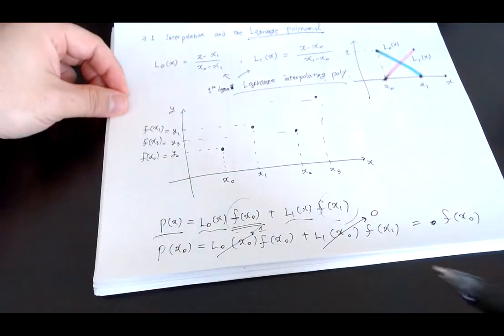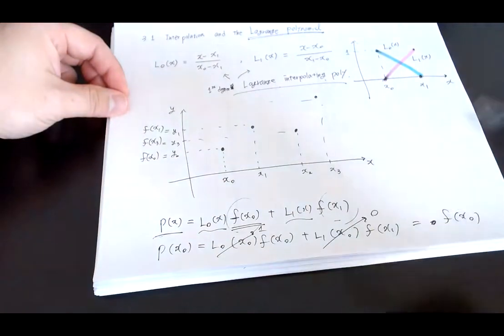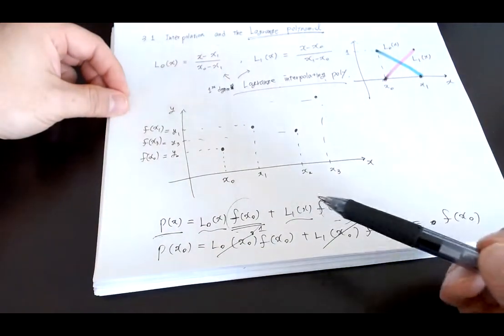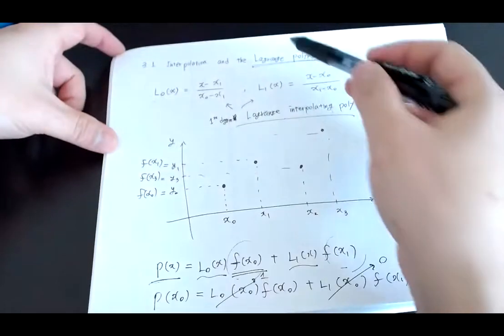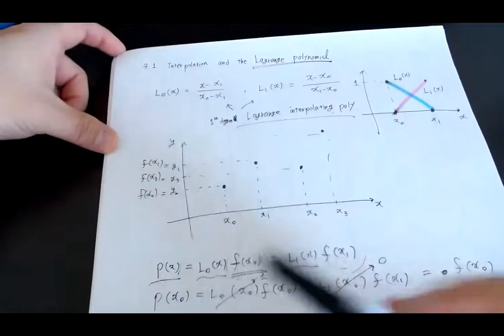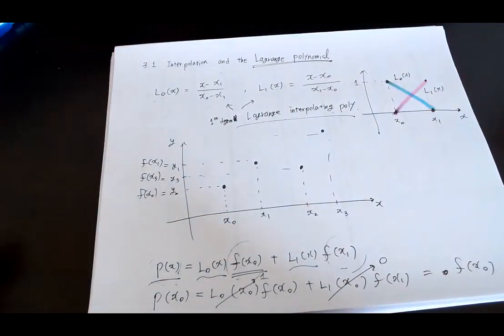As long as we know a finite number of points, we can construct the Lagrange interpolating polynomial, and that gives the Lagrange polynomial, which is this: p of x is a polynomial function that passes through the data.